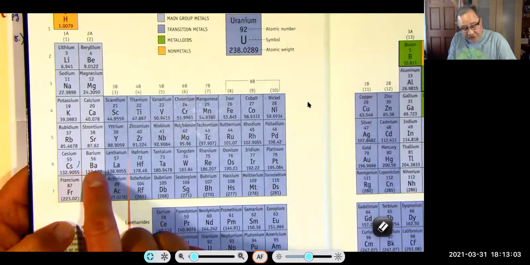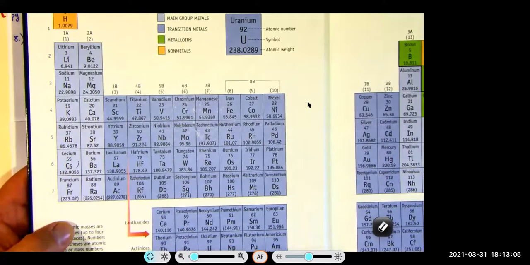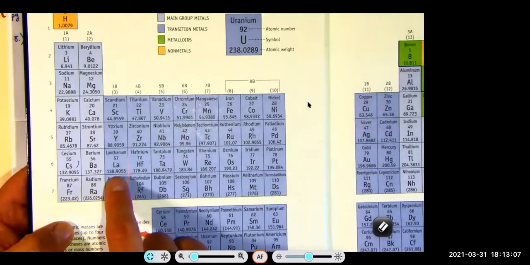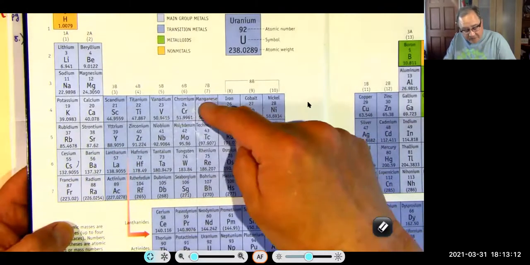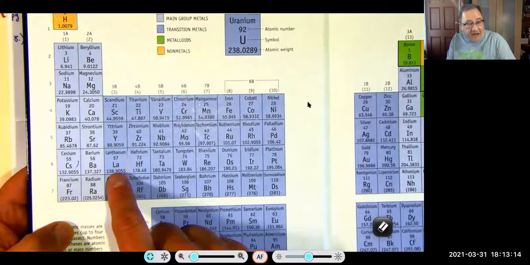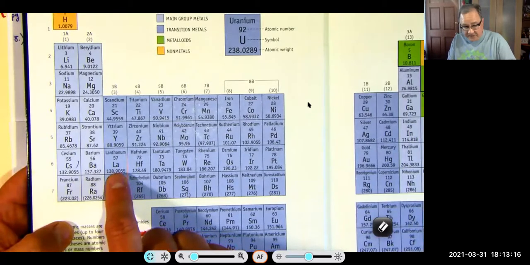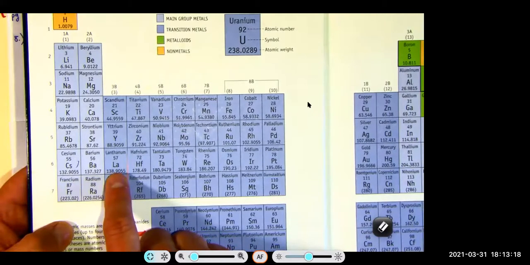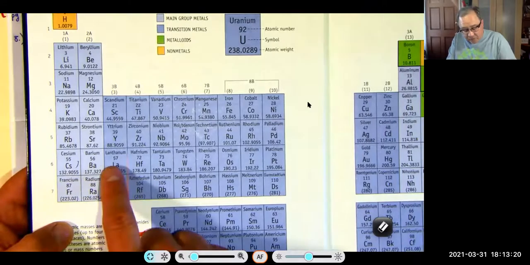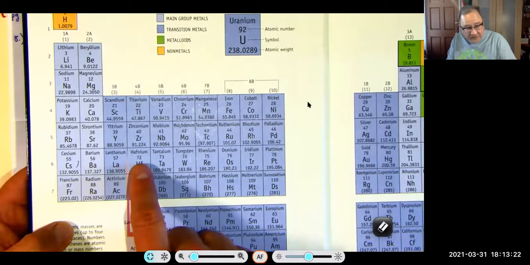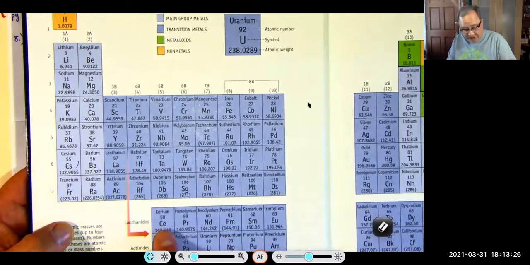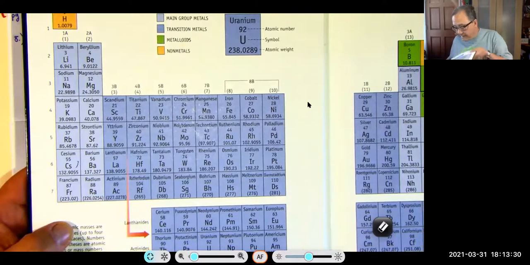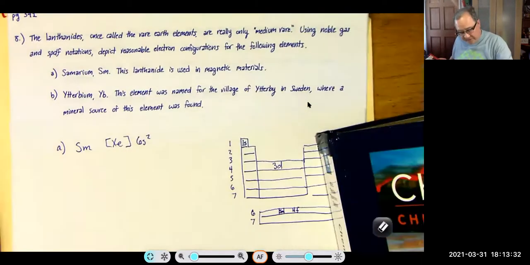That's 6s2, right? Right. Now, do you see lanthanum number 57 is here in the D block, 3D, 4D, 5D. So lanthanum is actually 5D1. And then from 57, we don't go to 58 next door. We have to go to 58 down below, and it starts with cerium. So I'm going to go ahead and write down the 5D1.